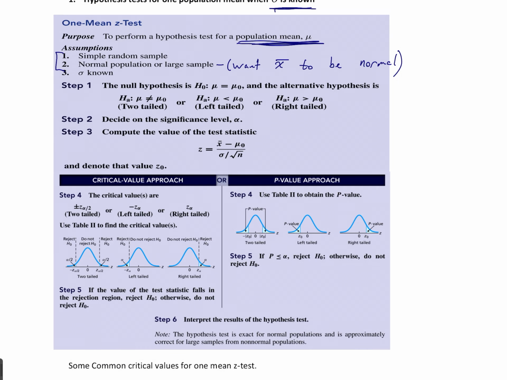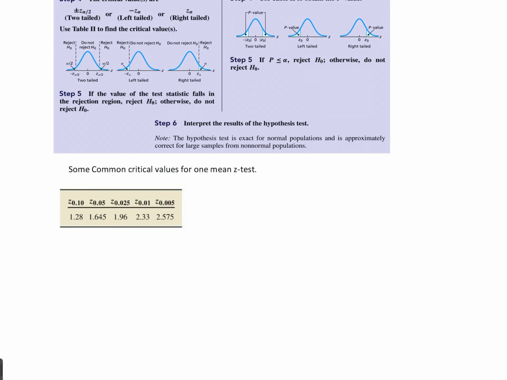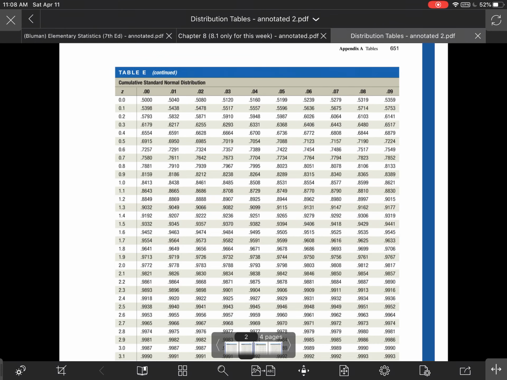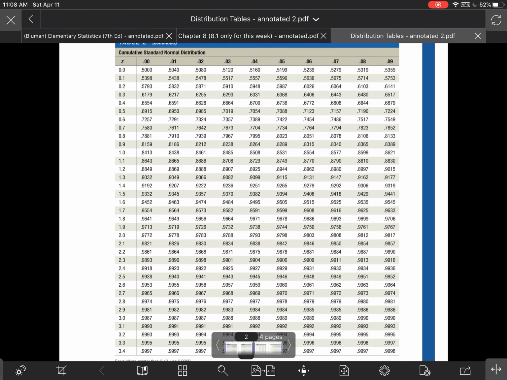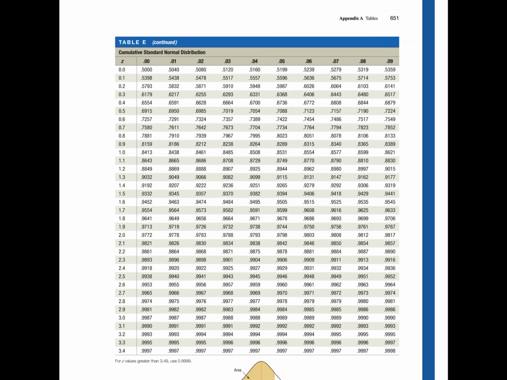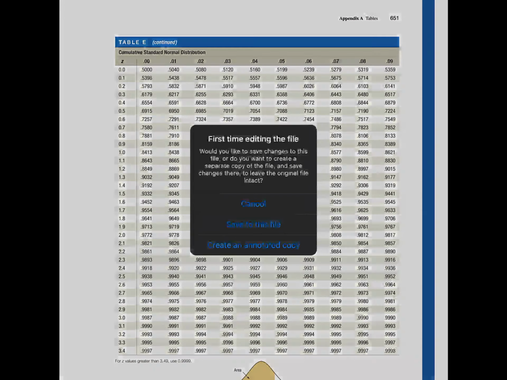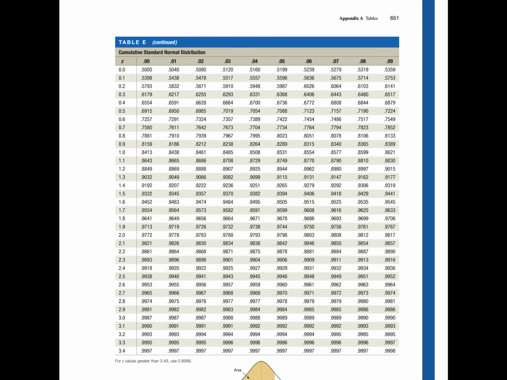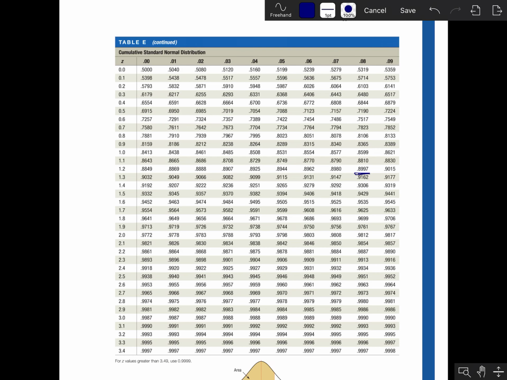So if I want an area of 10% to the right of my z-value, then I can use the table to figure out what this z-value should be. Remember, I want an area of 10% to the right, which means I want an area of 90% to the left. So I would look at the areas in this table, and I would try to find the area of 90% to the left.